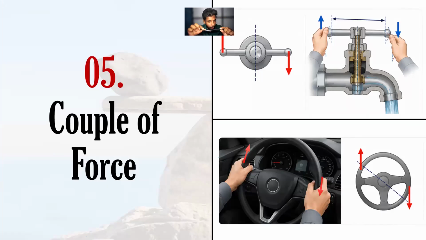Couple of force means, here I have a pen in my hand, right? Without fixing it in one place, without holding it, I am going to rotate it. You'll see that I am rotating the pen. If you want to rotate this pen, I have to apply two forces like this. Couple of force. For example, I have the bottle in my hand. Couple of force. It's rotating, right? So two forces are there. Those forces are in opposite directions. One is in this direction, another one is in this direction.